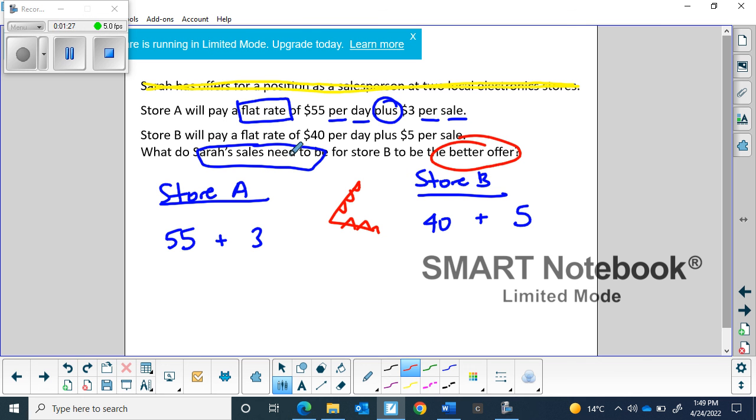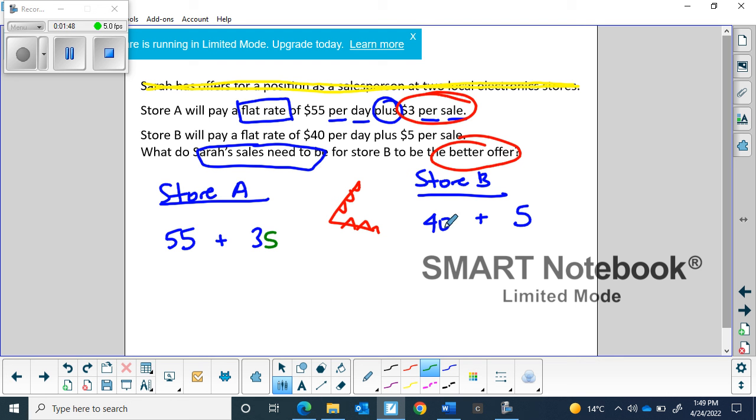So the alligator's got to eat that number because it's going to be bigger or greater than the other one. Because it's dependent on Sarah's sales, we're just looking at one day. So the 55 is what we're getting a day. $3 per sale, well, we don't know how many sales she makes, so that's where we include the variable S: 3 times however many sales she makes.